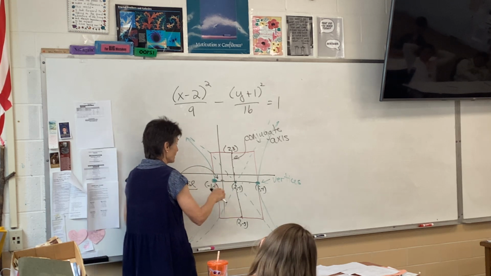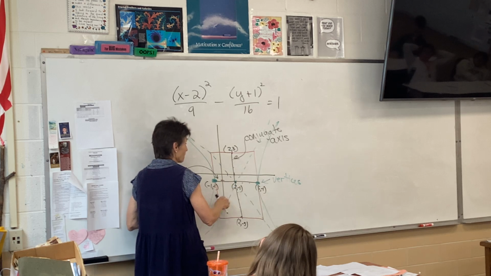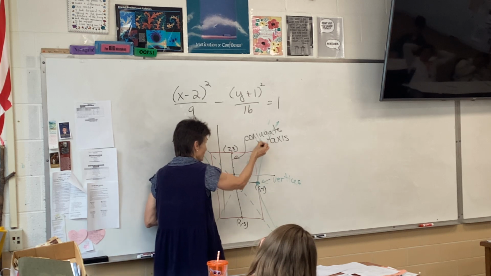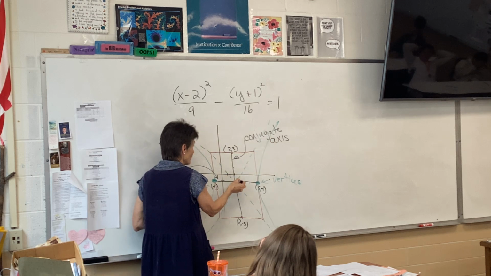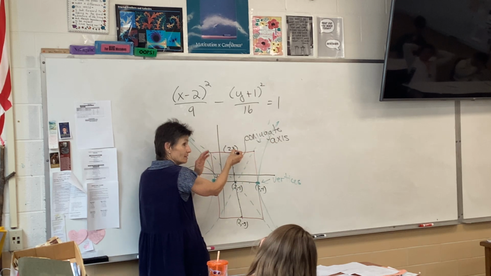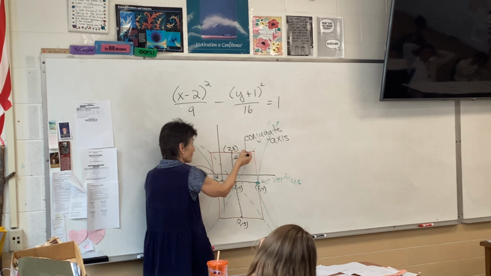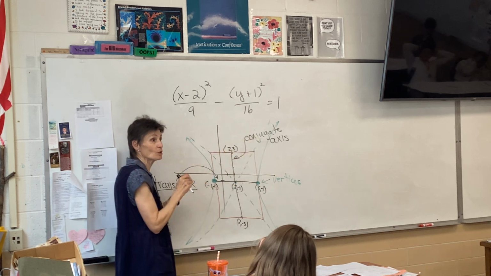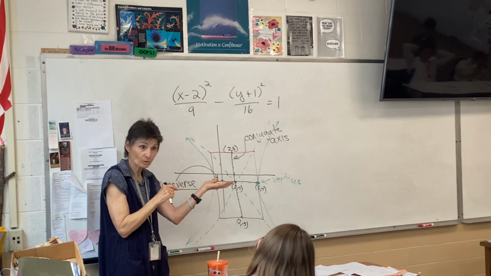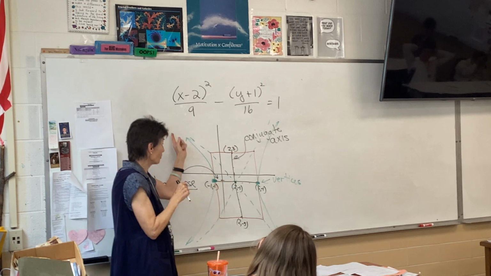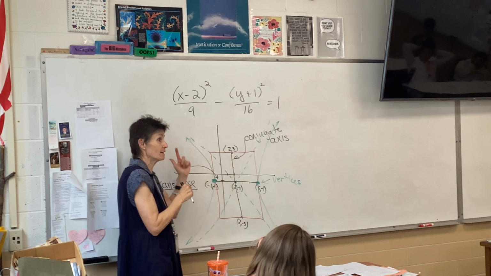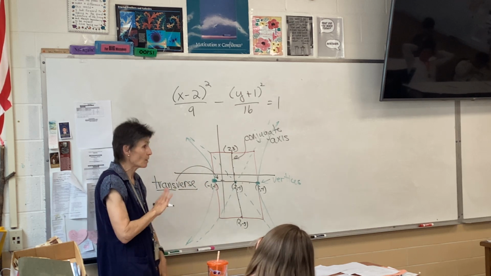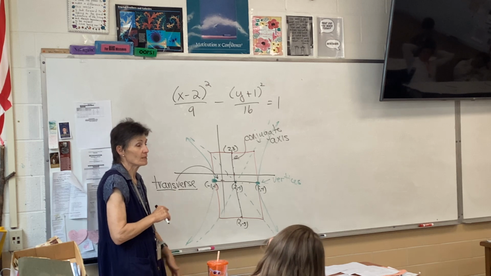Now think about this line right here. How did you get this corner up here? Did you draw that line down through? You counted up 4 and over 3. So the slope of that asymptote is positive 4/3, and the slope of the other one would be negative 4/3. So if you needed to write the equations, you absolutely could. You have everything you need to do that.